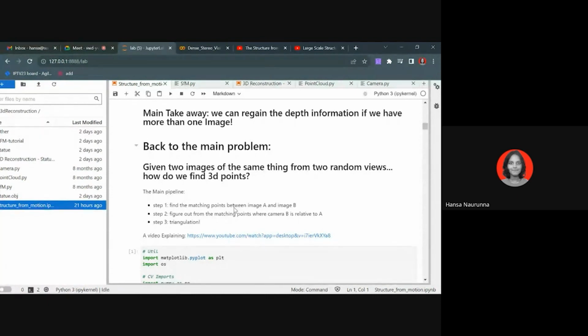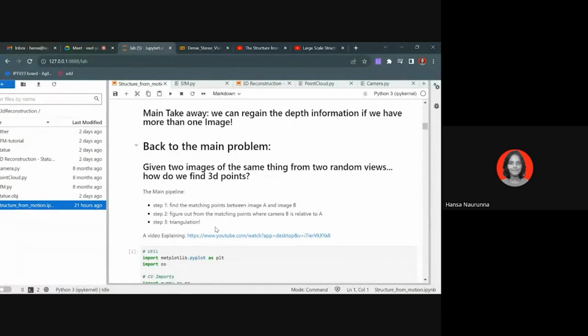From the essential matrix, we can figure out where camera B is relative to A. Once we have that relative information of where the cameras are, we can use something called triangulation to figure out where exactly the points are.